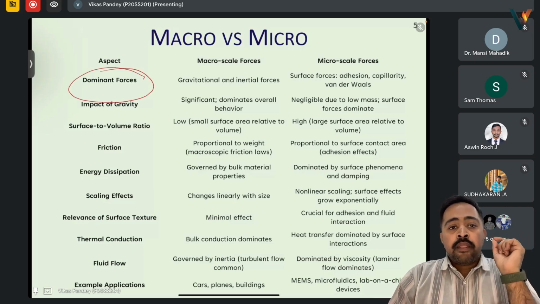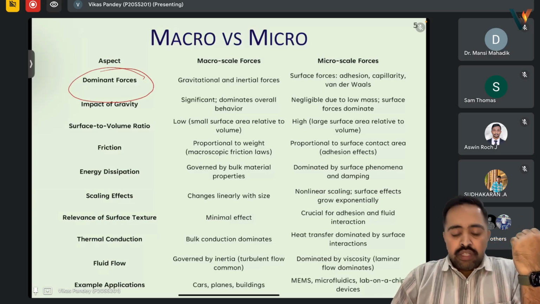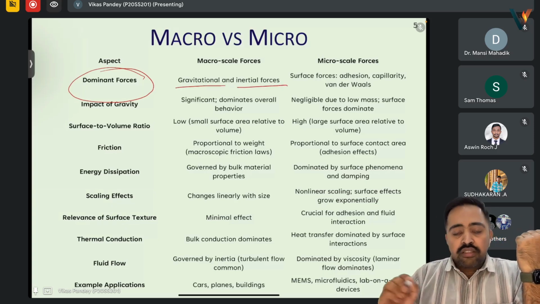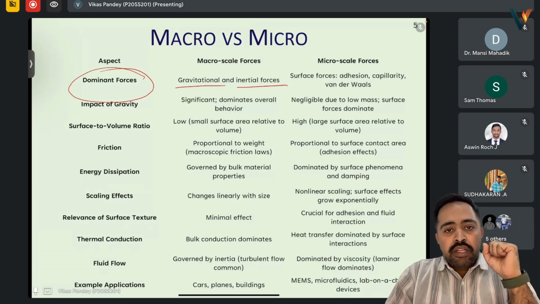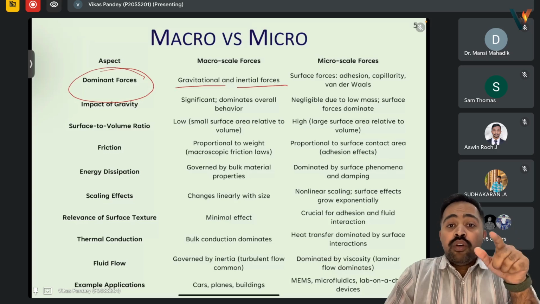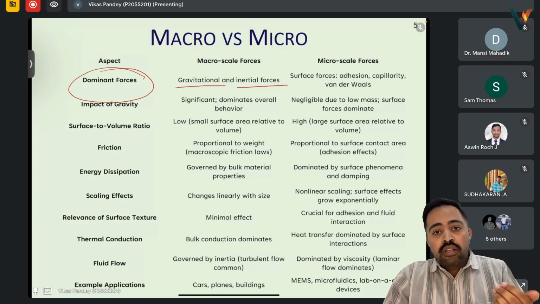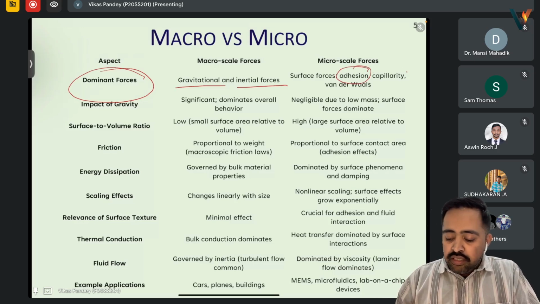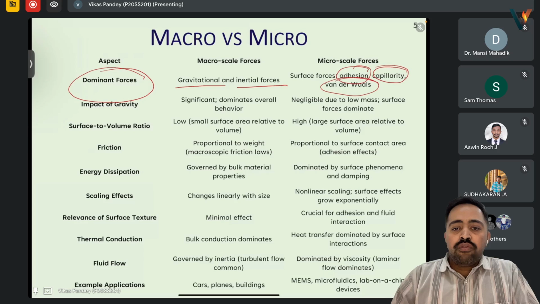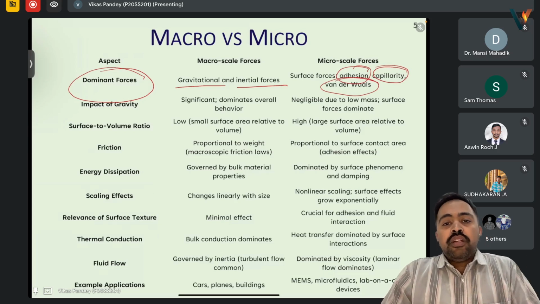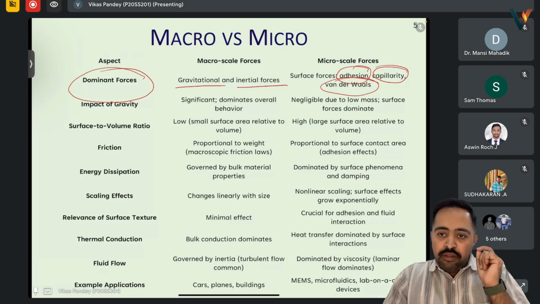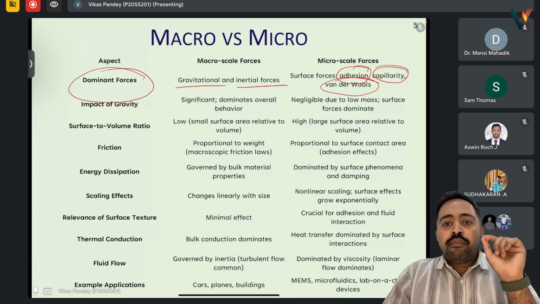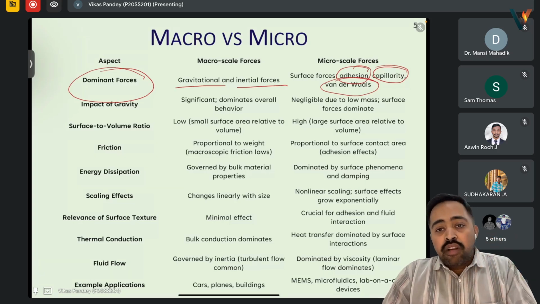In macro devices, gravity and inertial forces, or Newtonian forces, come into play very commonly. Whereas at microscale, adhesion, capillarity, and van der Waals forces are more dominant. Gravity and inertial forces are not that relevant compared with the amount of force from adhesion, capillarity, and van der Waals.